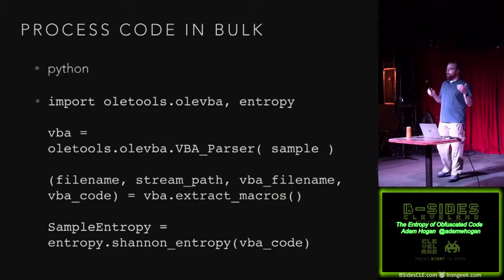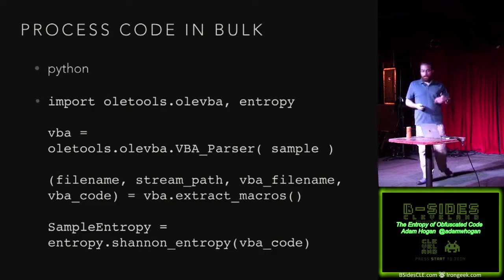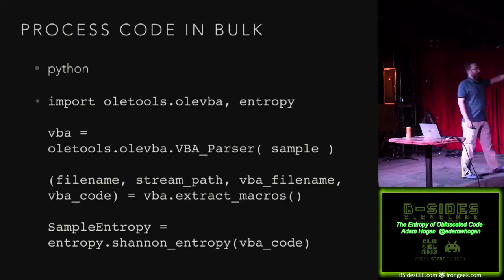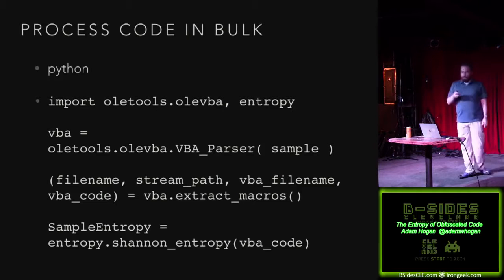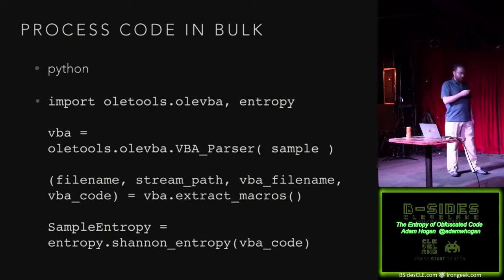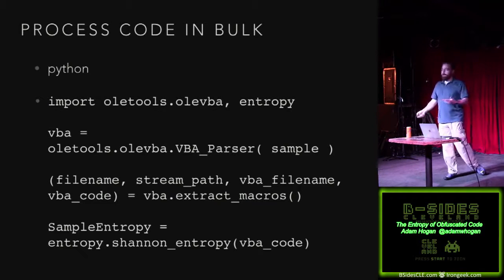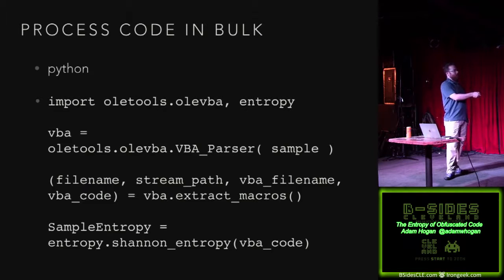So in Python, really not that hard. Once I've got my files, all I have to do is open them up. There are great libraries for pulling out the Visual Basic code and things that are in a Word document file. As long as you can import these functions, the OLE tools, OLE VBA, just download that, pass your file into the VBA parser, extract your VBA code, and now I pass that through the Shannon entropy function, which we can also import, right?